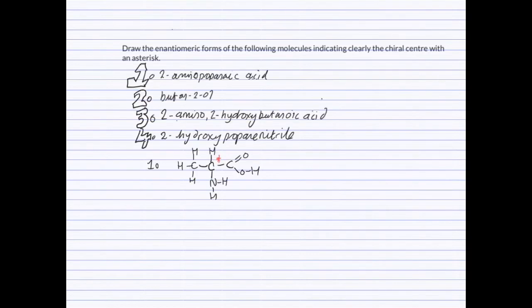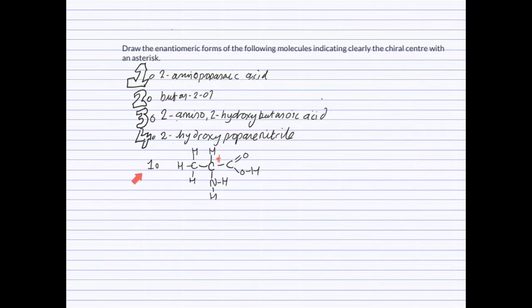So in this example, what we're going to ask you to do is draw the enantiomeric forms of the following molecules, showing the chiral centre with an asterisk. So first off, we've got 2-aminopropanoic acid.